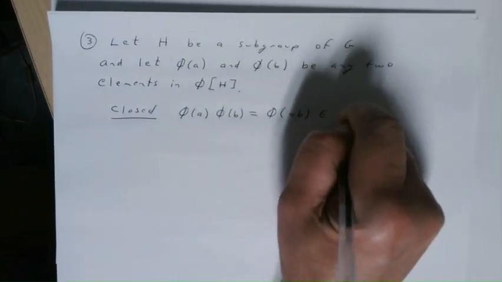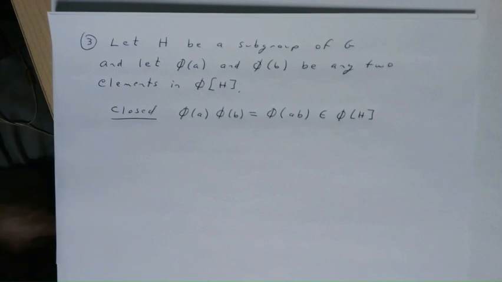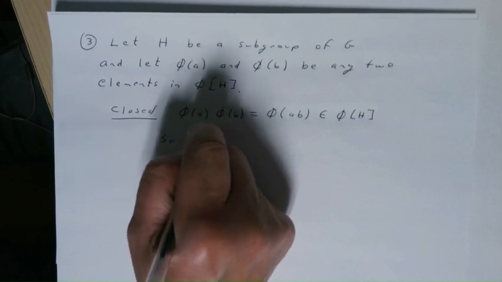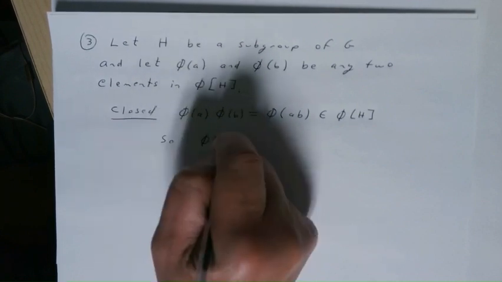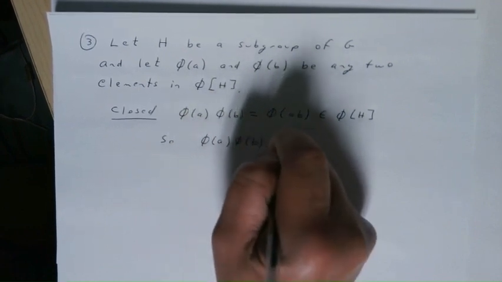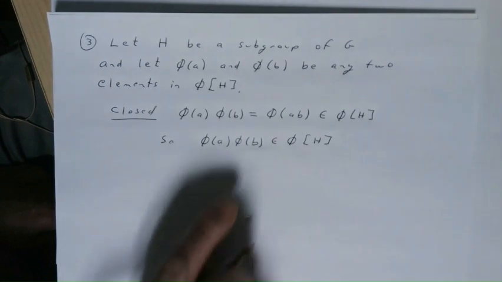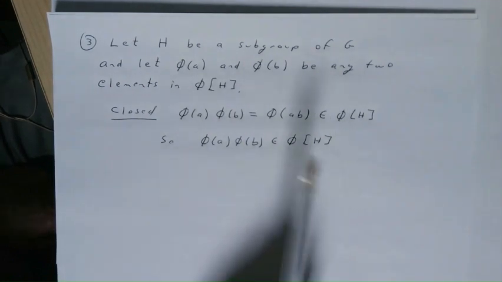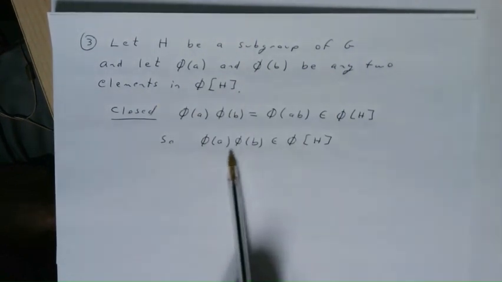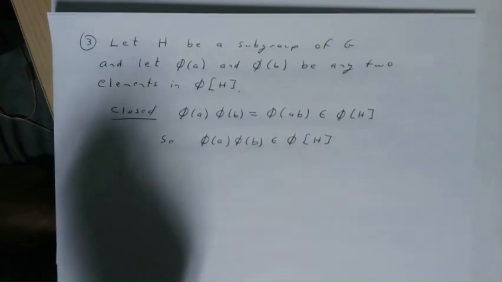And that's going to be in phi of H. So that means that phi A, phi B is in phi of H. So it is closed because we took any two elements in phi of H and proved that when we put them together, they're going to be in phi of H, so it's closed.